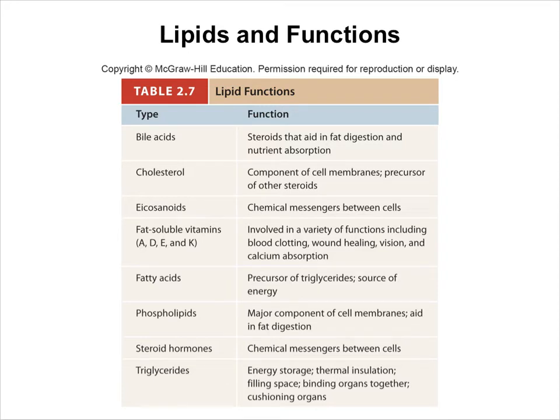So a triglyceride is basically a carbon, carbon, carbon, and then it's got a fatty acid hanging from each of those carbons. So it's 3 fatty acids linked together with these carbons, hence triglyceride.